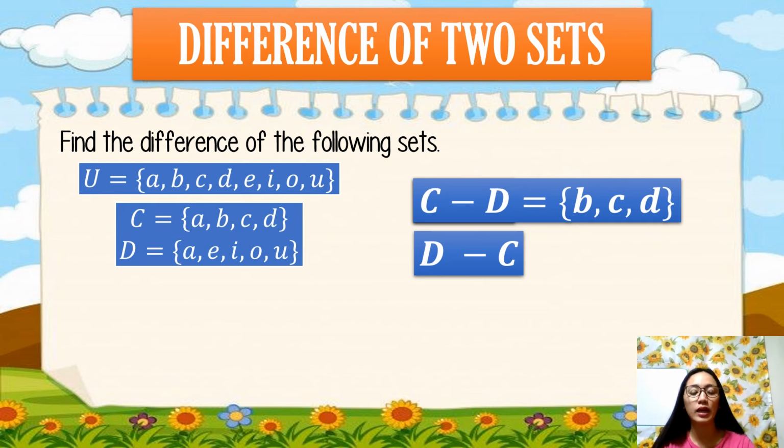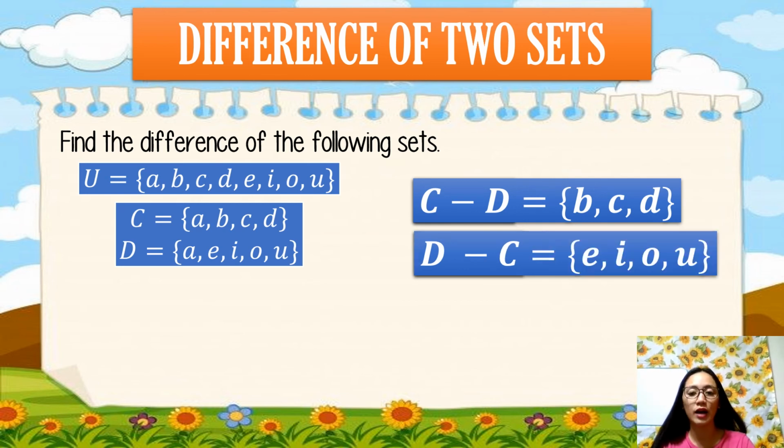So we will not include element A that is in C. Next, we have D minus C. The difference of set D and set C is equal to set D only, excluding the common element which is A. Therefore we have E, I, O, and U.